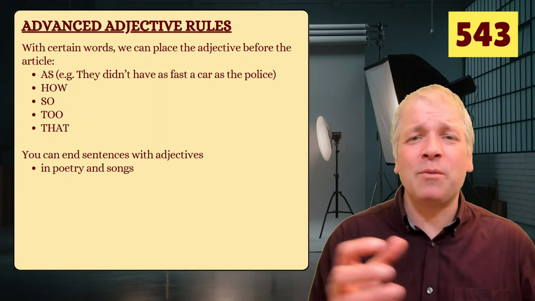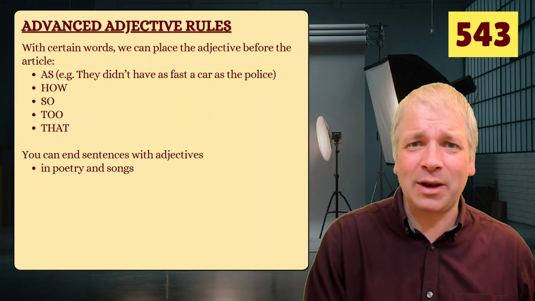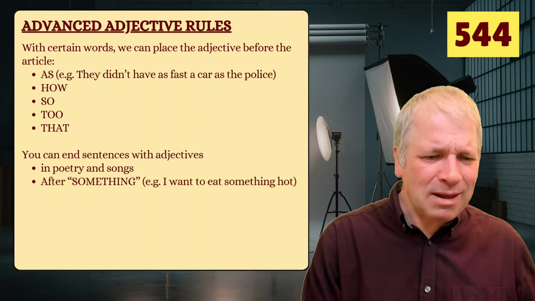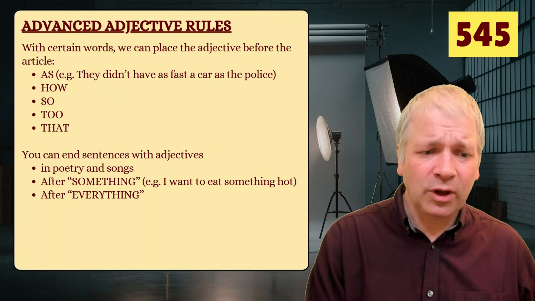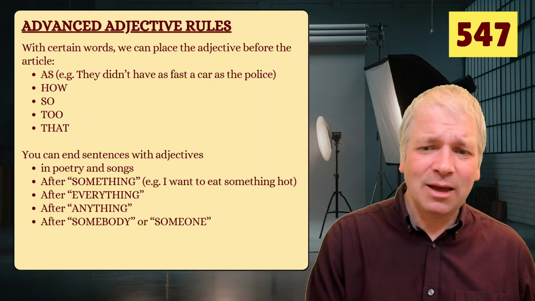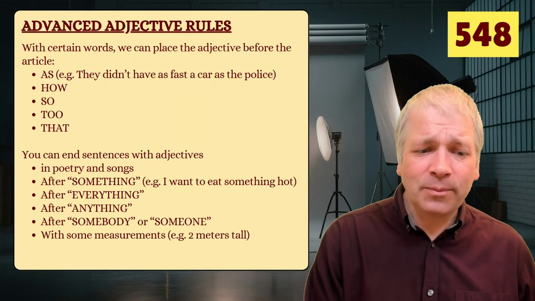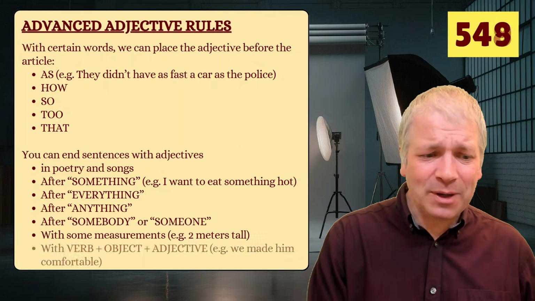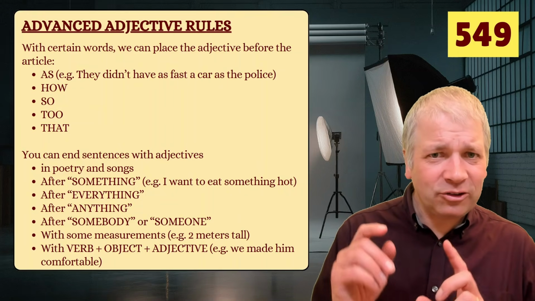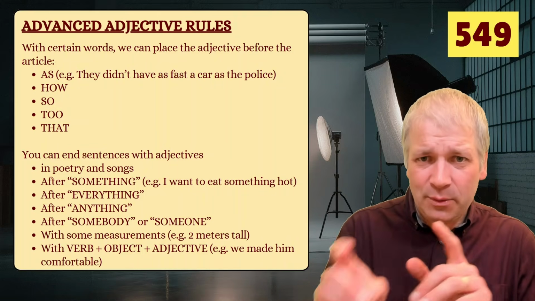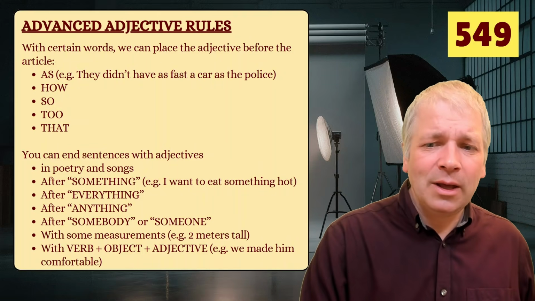People put words in different places for musical effects rather than language effects. But more grammatically correctly, after something, for example, I want to eat something hot. After everything, anything, somebody or someone, with some measurements, and with this combination, verb, object, adjective, the adjective can end the sentence. So it doesn't always go before the noun.